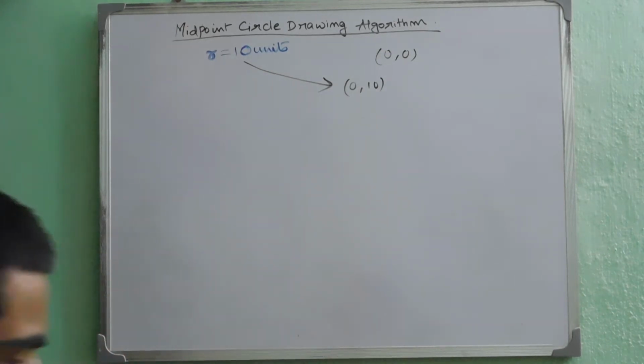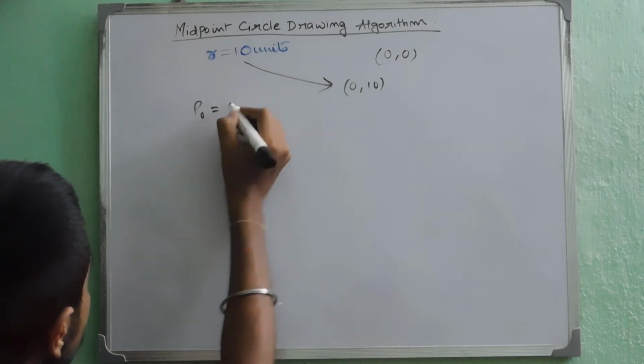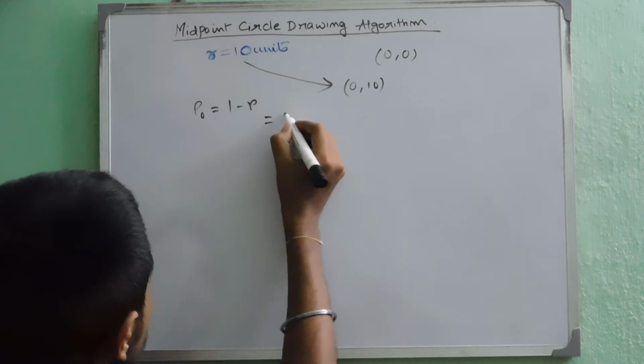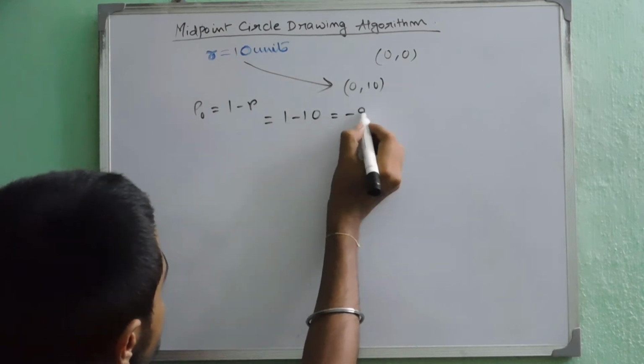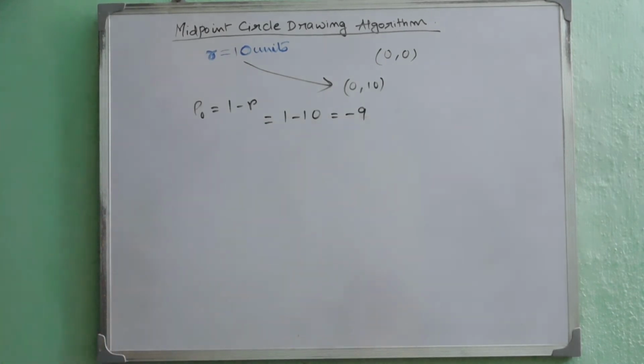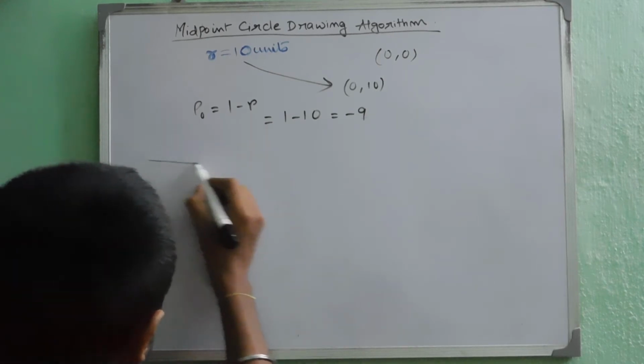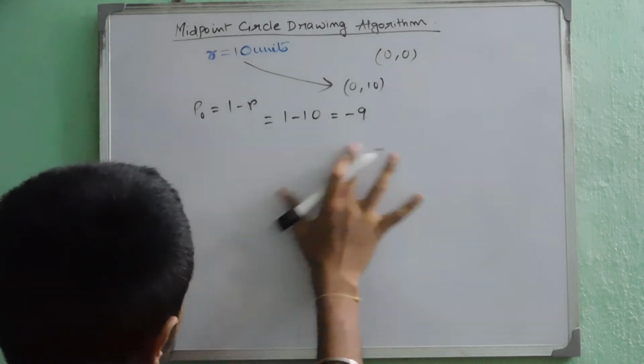Now based on the radius we will calculate the initial decision parameter, that is p0. p0 is 1 minus r, as I have already told, that is equal to 1 minus 10 equals minus 9. So our initial decision parameter p0 is minus 9. Now we will form a table.